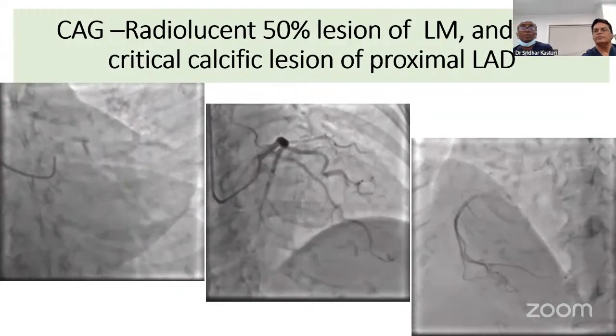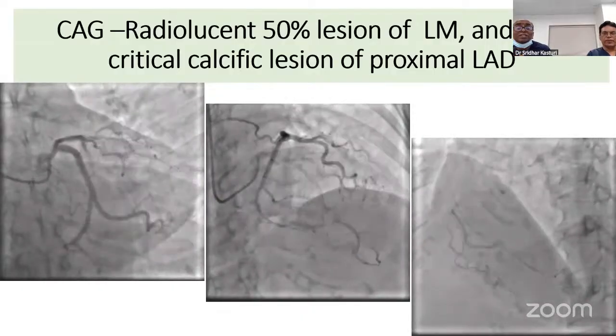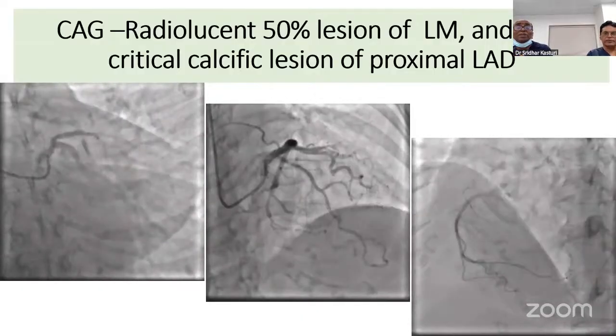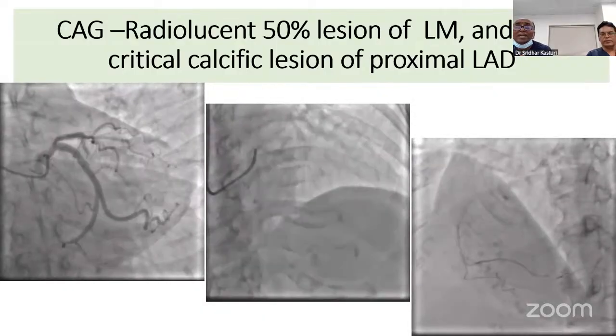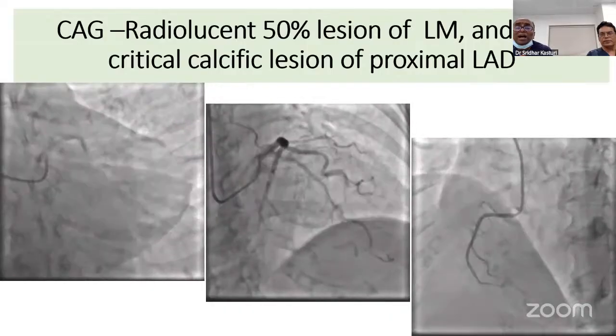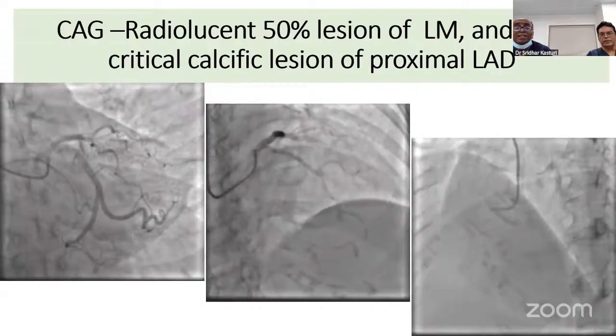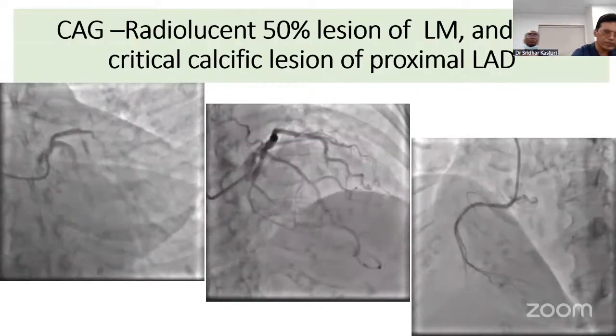Our plan is to do plaque modification with imaging guidance. The patient has restrictive lung disease, is 85 years old and eGFR is low, so she is a high-risk surgical candidate. So we are planning for PCI.